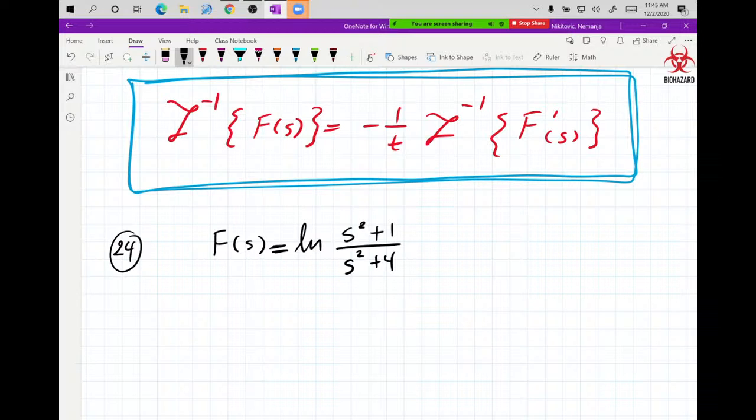Okay, but what if I can differentiate this, right?